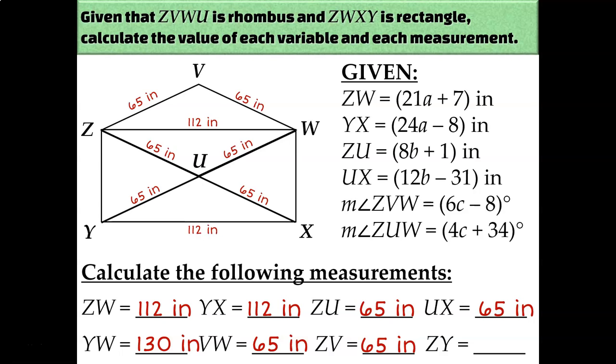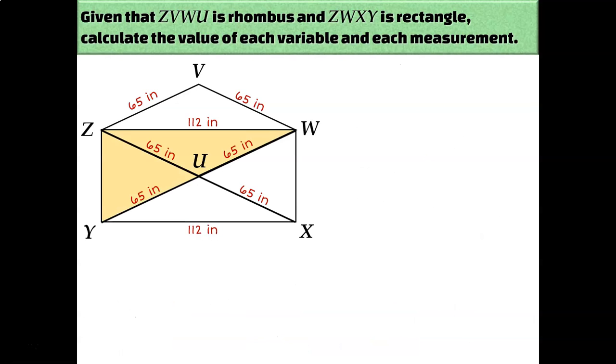And we're going to have to go back a few units to figure out how to solve for ZY. Let's just focus on this part of the diagram right here, this triangle. And we would actually know that it's a right triangle since this is a rectangle and the angles in rectangles are all congruent, which means they all measure 90 degrees, which means they're all right angles.